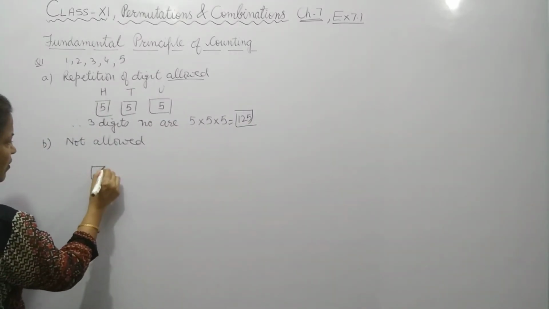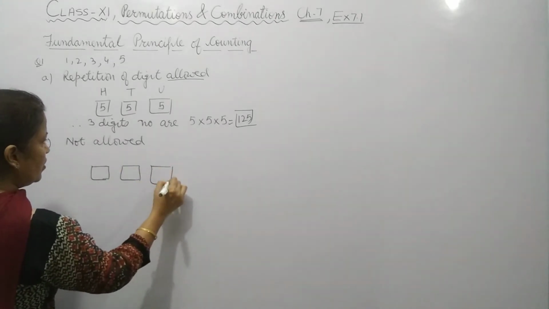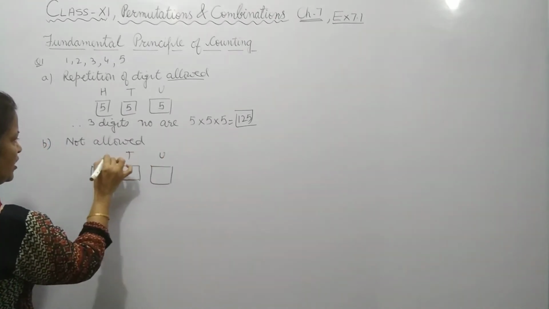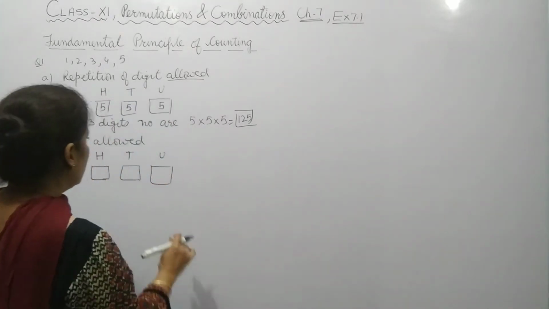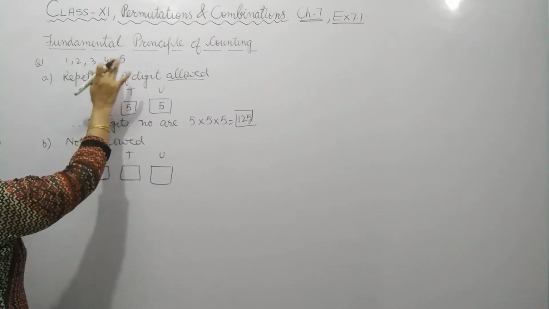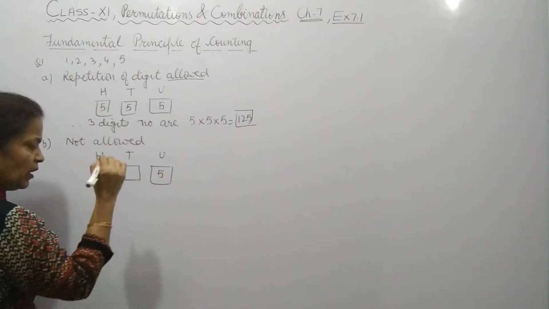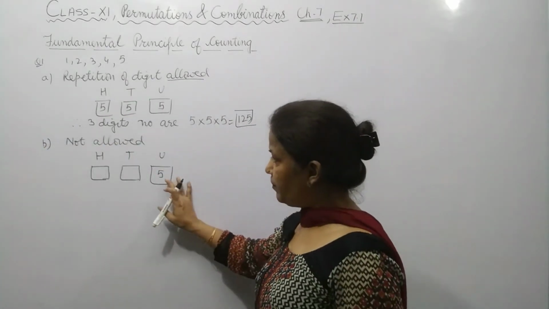Again we will take a 3-digit number. If it is not allowed, this is the units place, tens place and hundreds place. So at the units place, out of these 5, any digit can be placed.